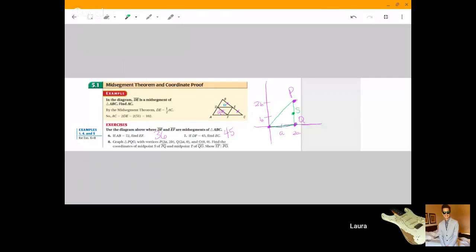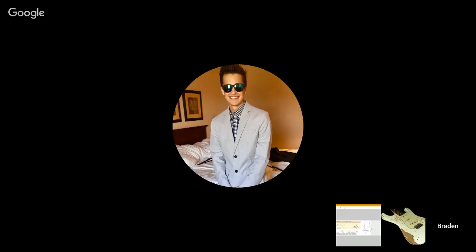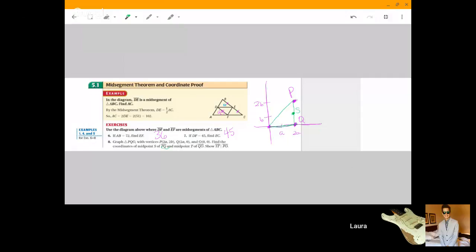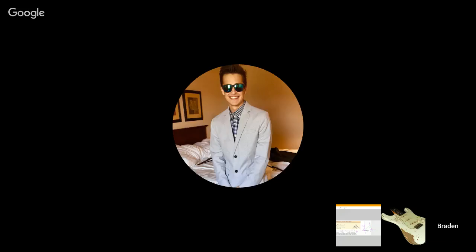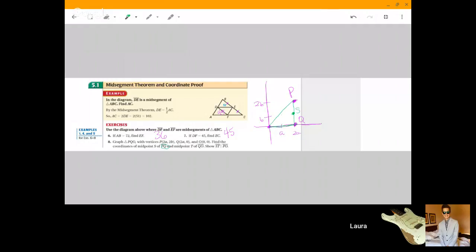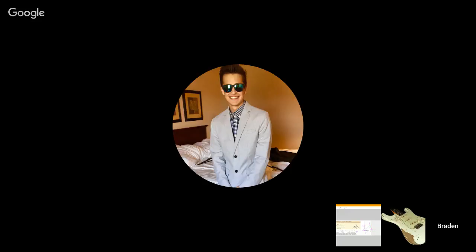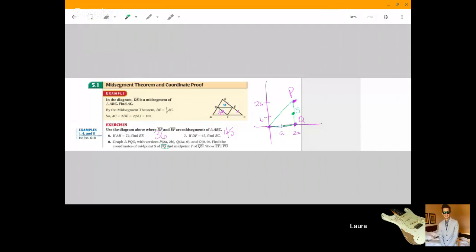No, it's got to be the midpoint of PQ, so it's got to be on that right side over there where I drew the dot. Oh, 1A, 1B would be about here. 2A, 1B. Yes.